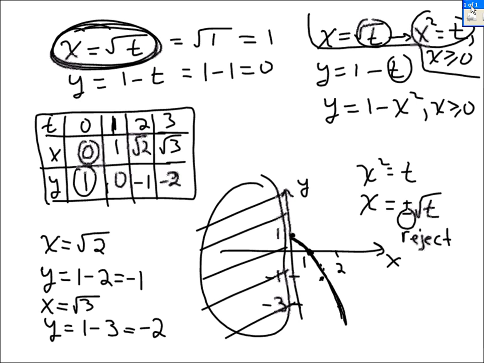And if you think about it, this graph in red is y equals 1 minus x squared. But we're going to get rid of the points on that graph that have x less than 0. That is, bye-bye. It's not part of it.